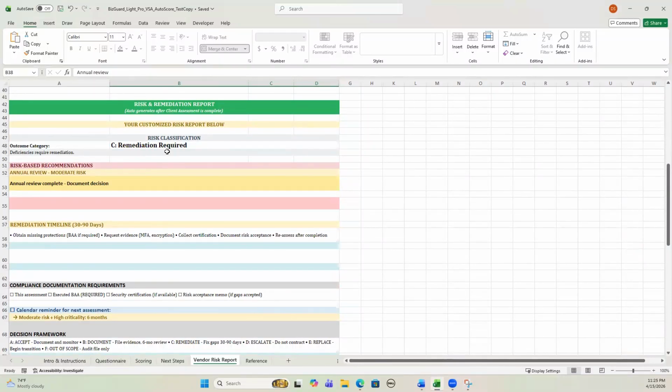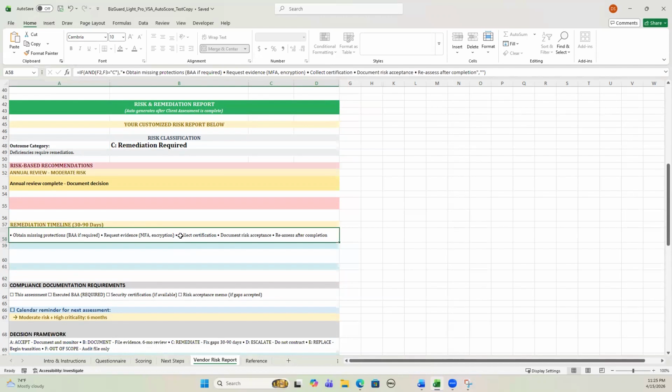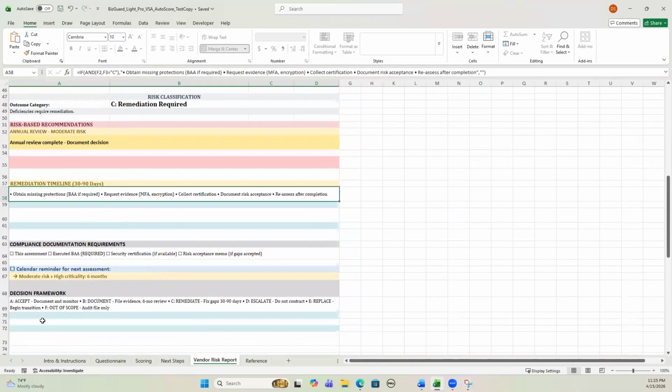This vendor has PHI access, full administrative access, moderate risk score, and some control gaps, including AI usage with customer data. So the tool says basically fix these specific issues within 30 to 90 days, then reassess, right? Here's the time frame, and here's the suggestion, and here's the additional information that you could find.